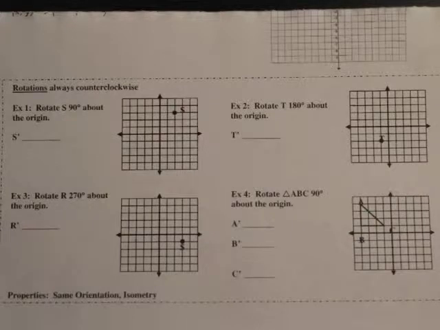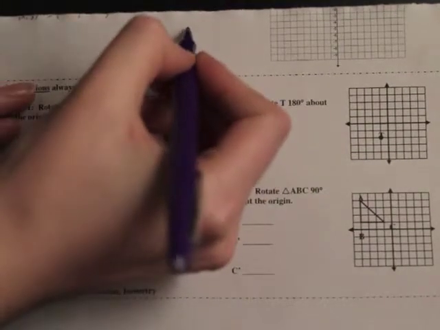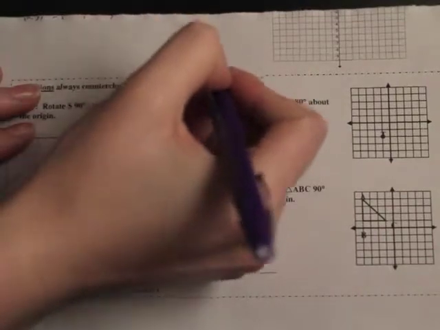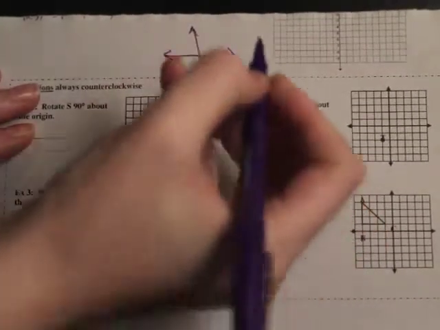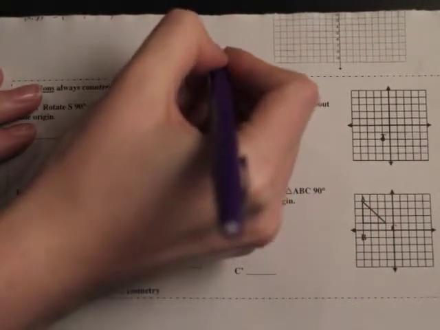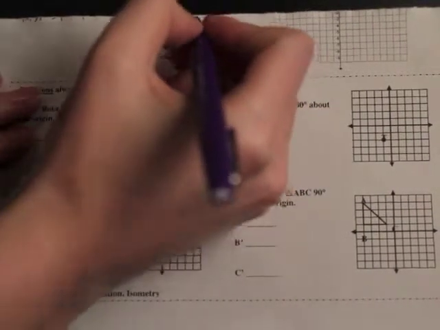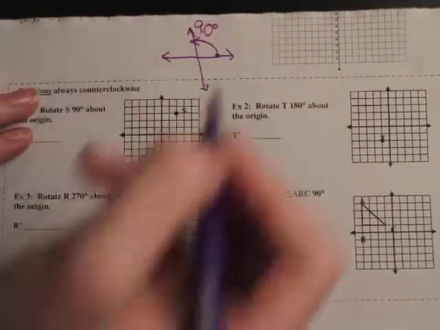Okay, so before we get into the major part of the notes, I want to remind you something about a coordinate plane. So if we have our coordinate plane here, and I start a point here and I go all the way up to this line here, that is 90 degrees.